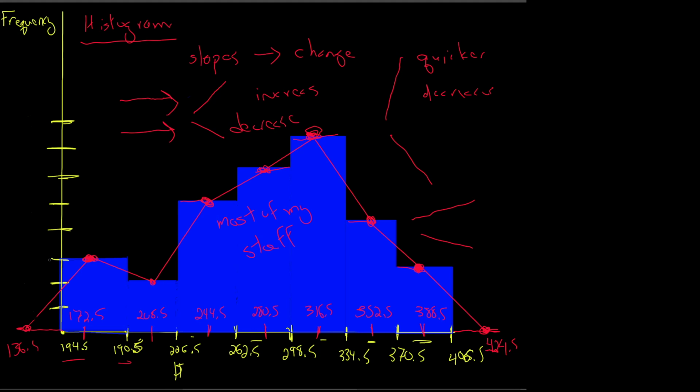And so, well, this was at 10%. I don't have one of my colors here. Let's try it again. There we go. This was at 10%. That's at 20%. There's 30%.